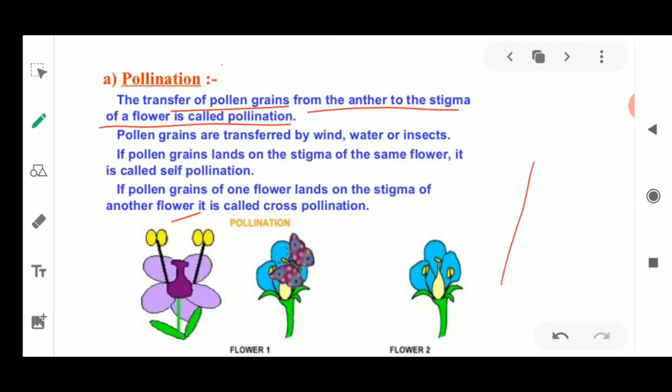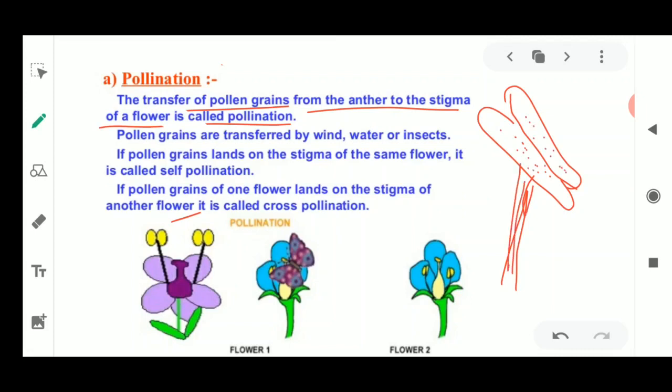Now I just told you that the anther consists of this. Suppose that this is an anther, if I draw this anther properly, now what happens here? It has a powder-like structure, small structures, which are responsible for pollination. Now how it is responsible, I'll tell you.